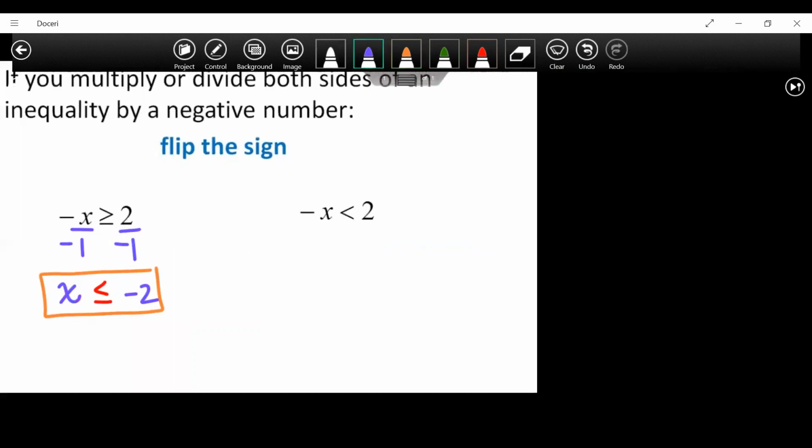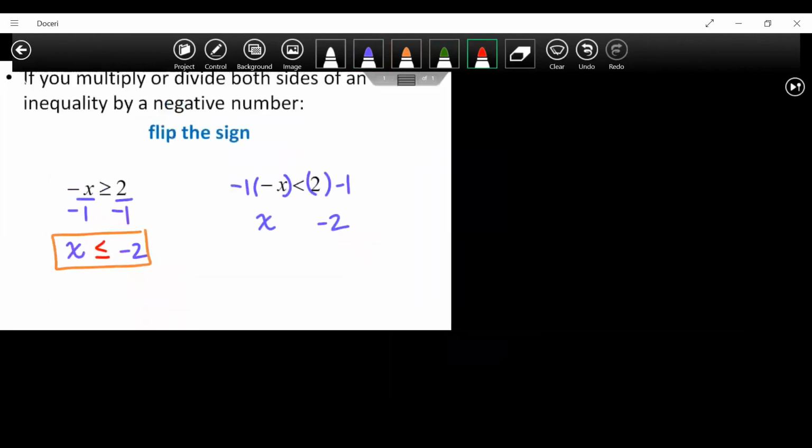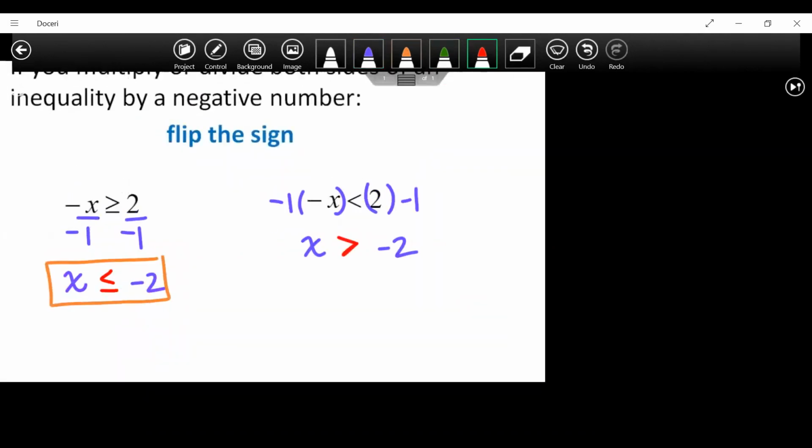If you want to look at it as multiplying, you can multiply both sides by -1. But if you're multiplying or dividing by a negative, it will change the sign. So this will still be x, this will still be -2, and less than now becomes greater than. Just keep that in mind as we go along and do these problems. It will switch everything around, so it's important that we're able to see those.